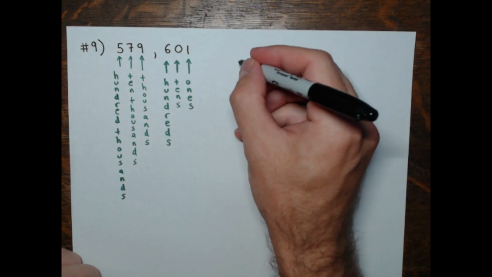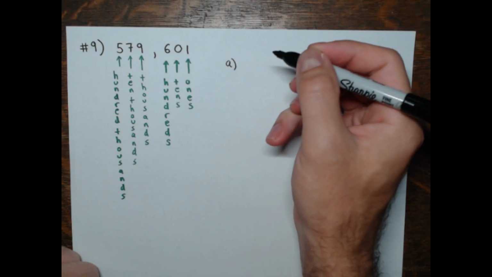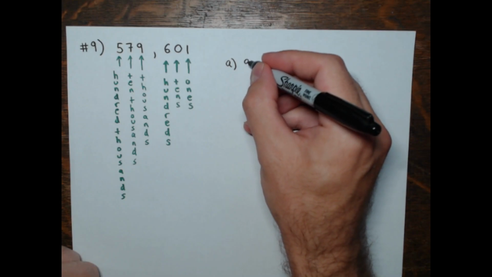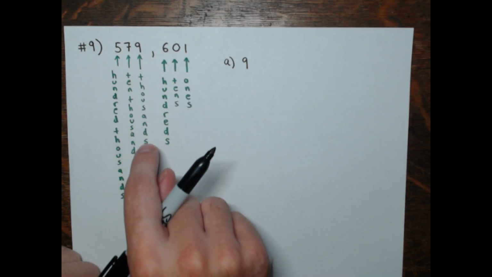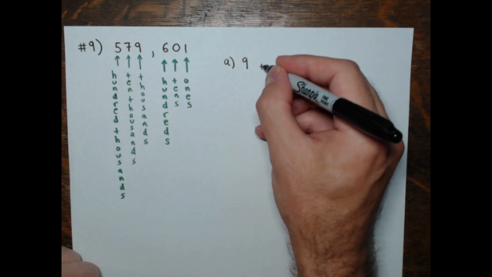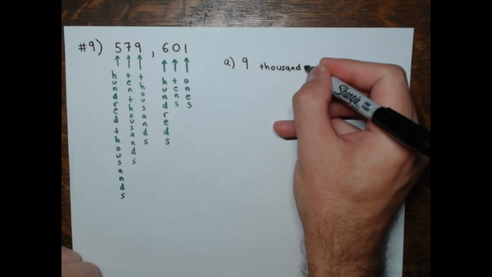All right, so then they ask us about, I've already identified them, but let's go one at a time here. Part A, the digit 9, as we see here, is in the thousands place. So there are 9 thousands in this number.